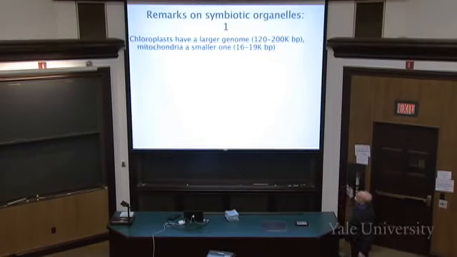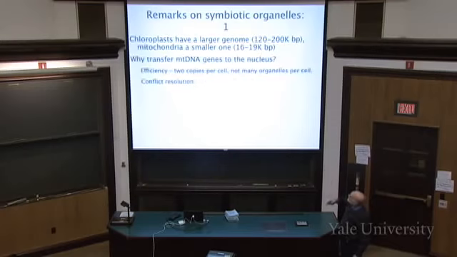Okay. Now, the other thing that's going on in the eukaryotes is they've got these symbiotic organelles that were originally independent bacteria: the mitochondria, the chloroplast, and possibly the spindle apparatus. So one thing that we notice when we look at the chloroplast and the mitochondria is that the chloroplasts have a much bigger genome than do the mitochondria.